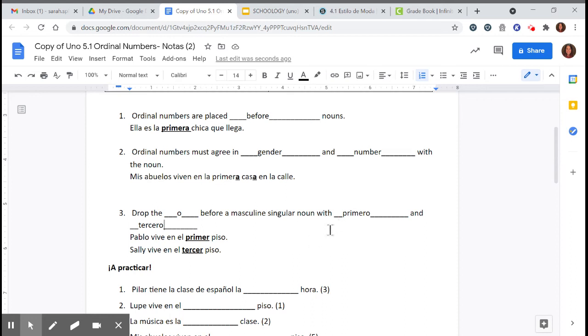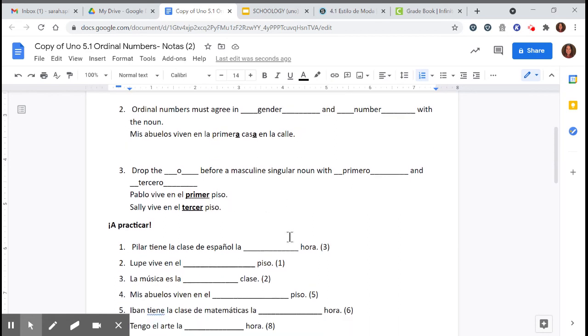If I want to say the first floor, then notice in this example, it says Pablo vive en el primer piso, the first floor. Notice in the second sentence, Sally vive en el tercer piso, the third floor. So this only applies to first and third if it's in front of a masculine singular noun. We take away that O, and then that's our form that we need. If it was feminine, if you notice in number 2, this is feminine primera, I just change it to the A ending. So if you're using any other numbers besides first and third, you don't need to worry about dropping the O, but just keep in mind this rule for these 2 numbers.